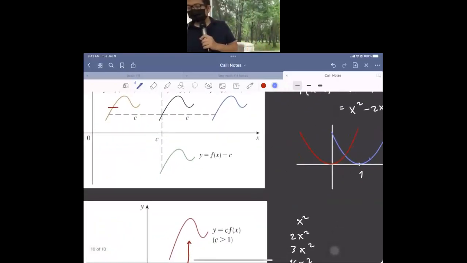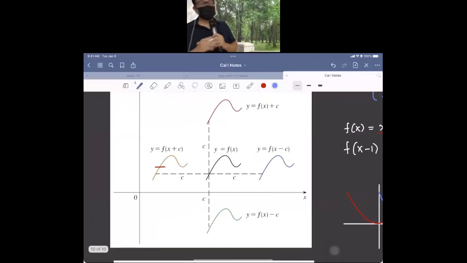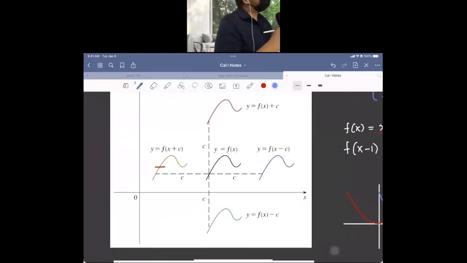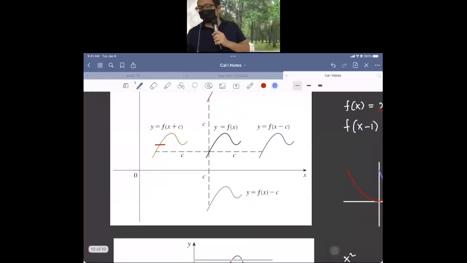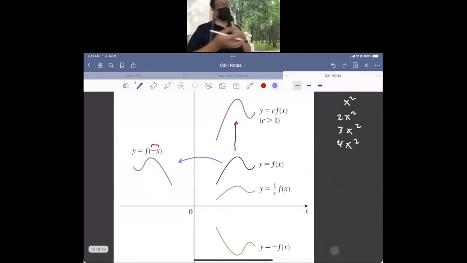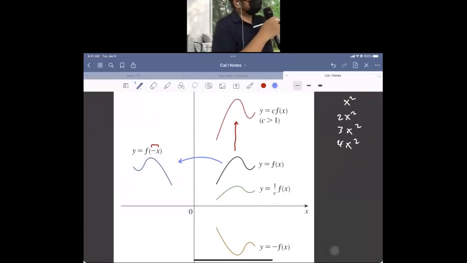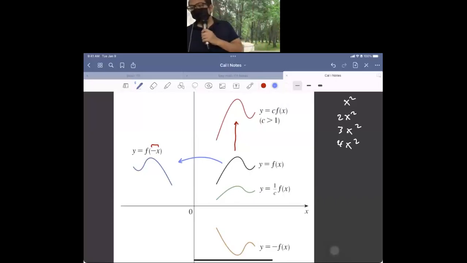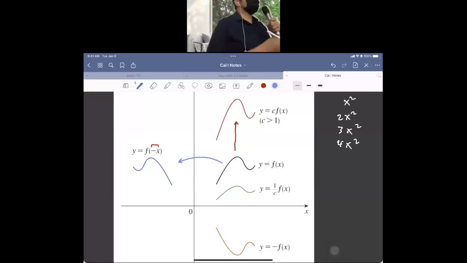So that's the translation, and this is how it looks. We can move up and down, left and right. After this translation, we have reflections, mirroring, and then stretching and shrinking. Stretching is when you multiply by some constant. If the constant is less than 1, we can say that it's stretched horizontally or shrunk.